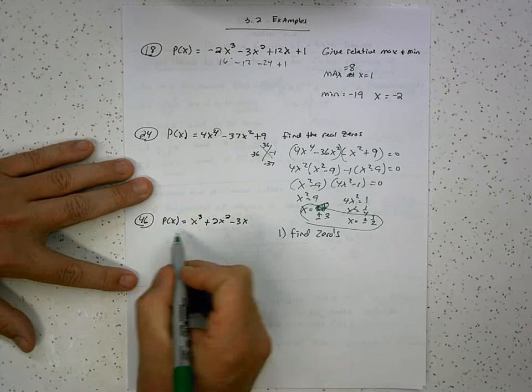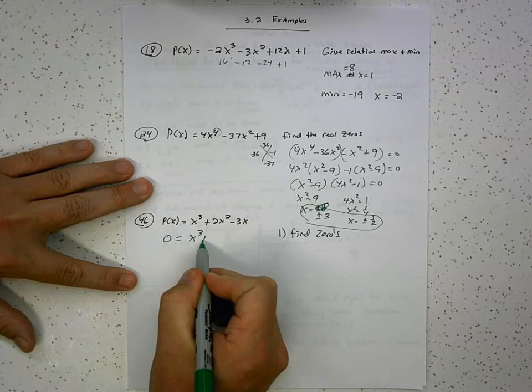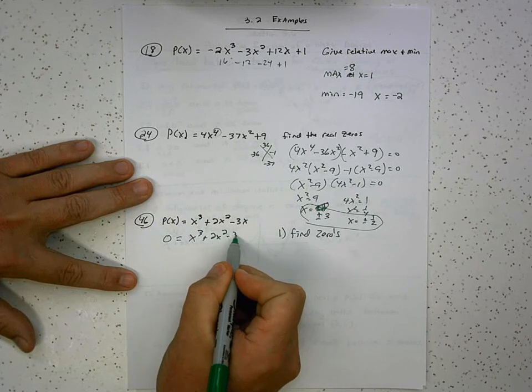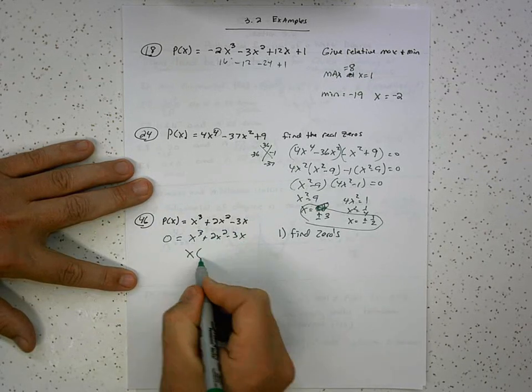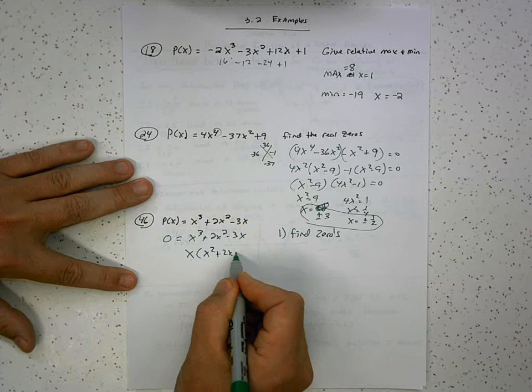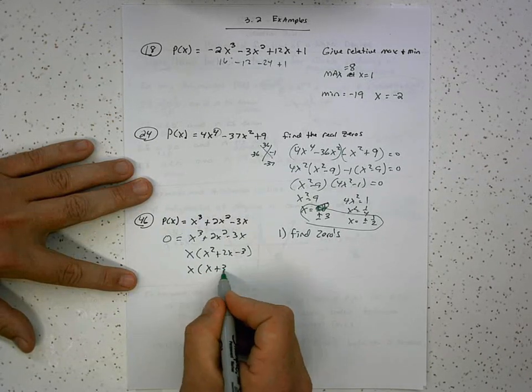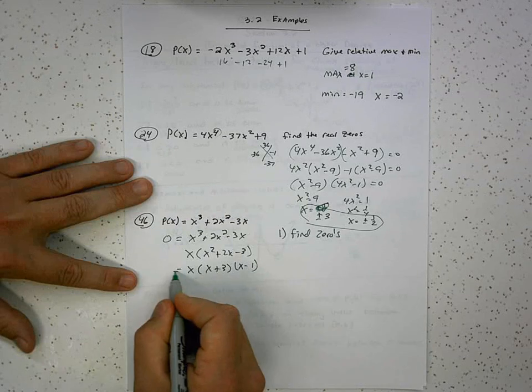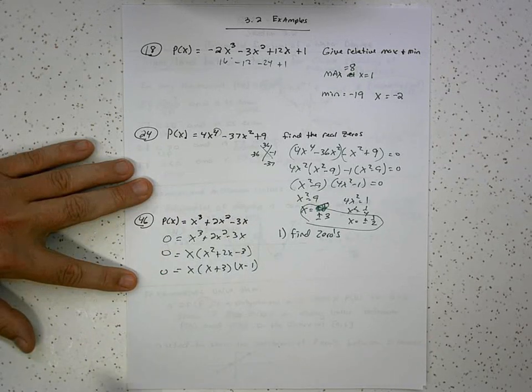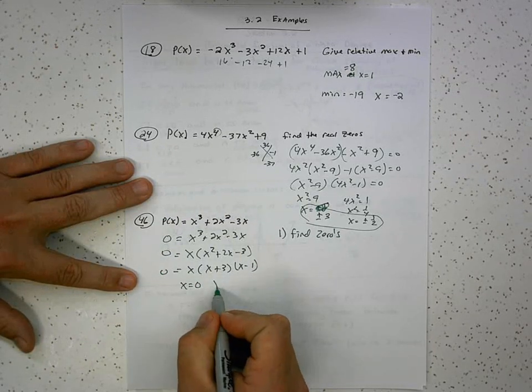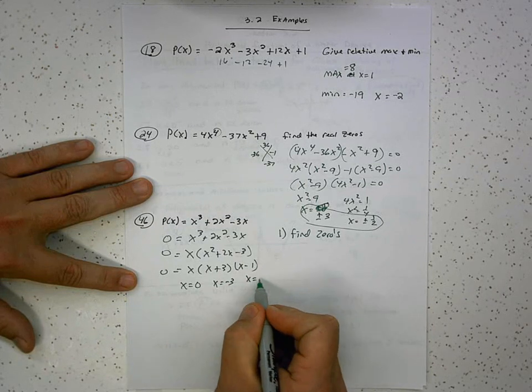Okay? So I'm going to find the zeros. Here I'm going to factor an x out first. This one then I'll factor into x plus 3, x minus 1.